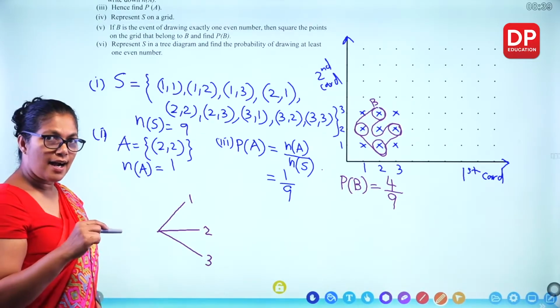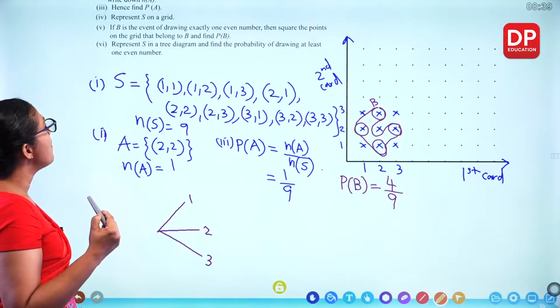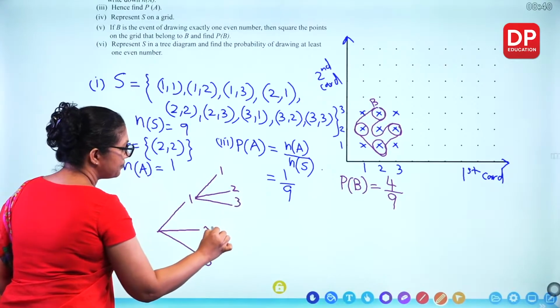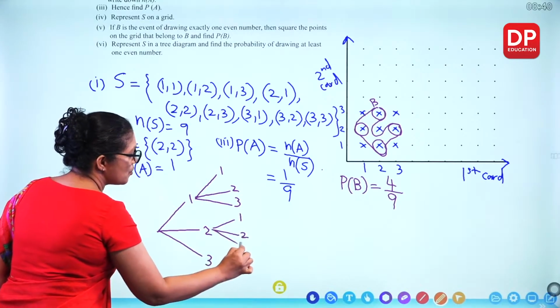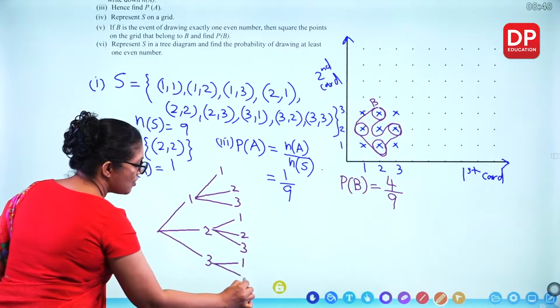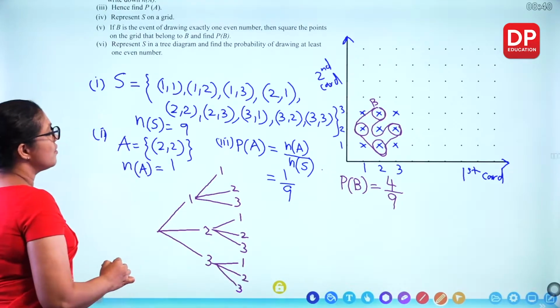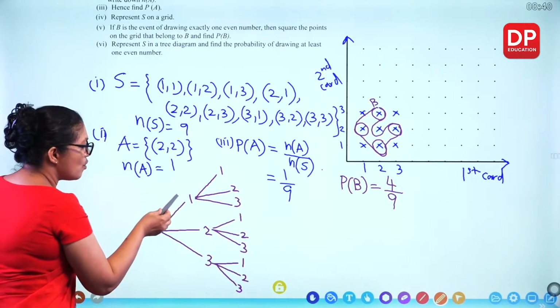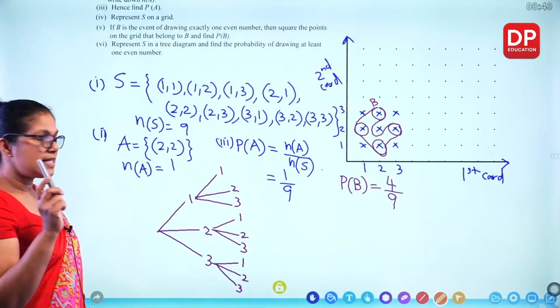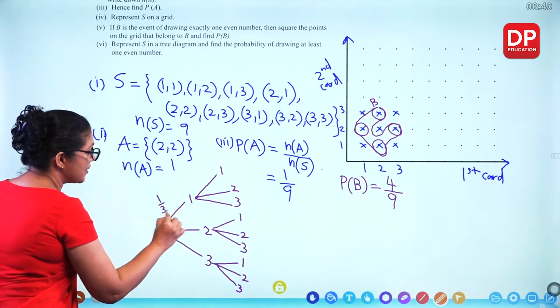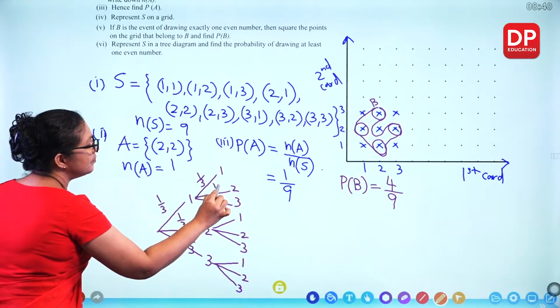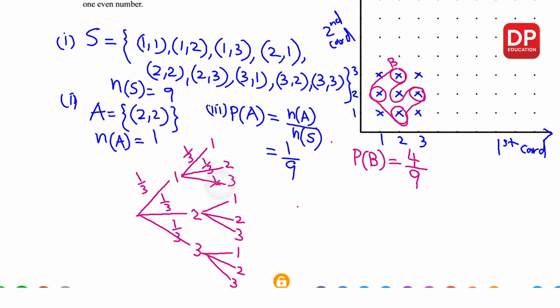Then second card also you get 3 branches: 1, 2, 3 for each. So this is the tree diagram, but we need to write down the probability. Altogether 3 outcomes, getting one number is 1 over 3. All these probabilities are 1 over 3.